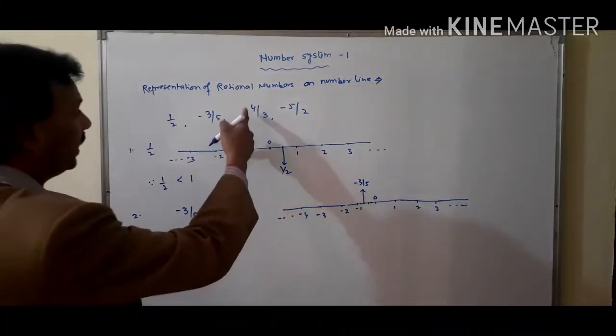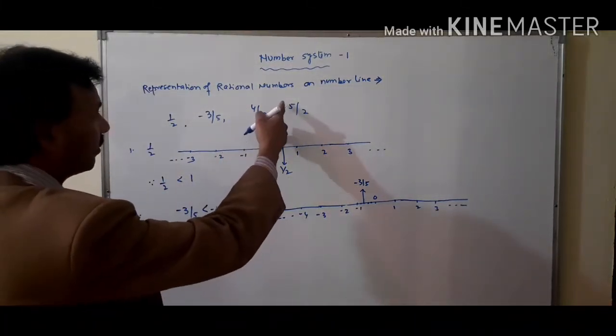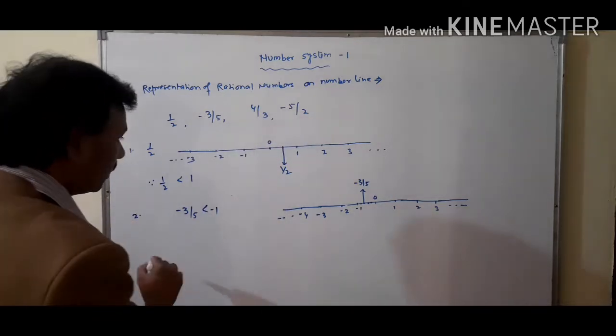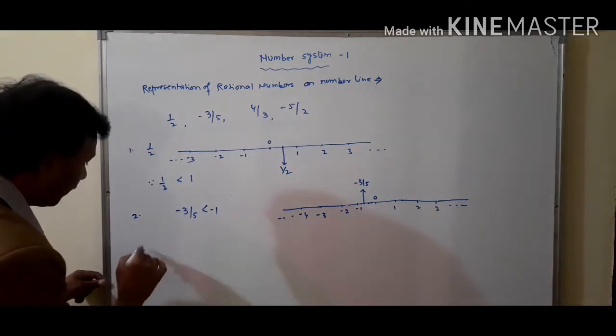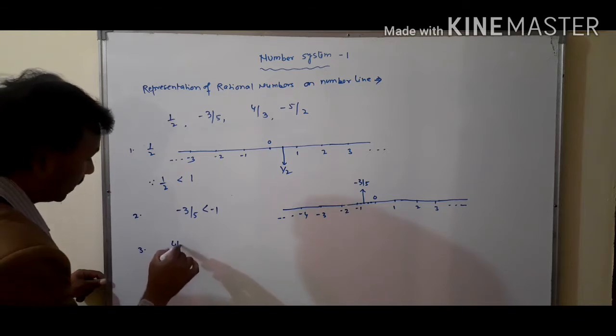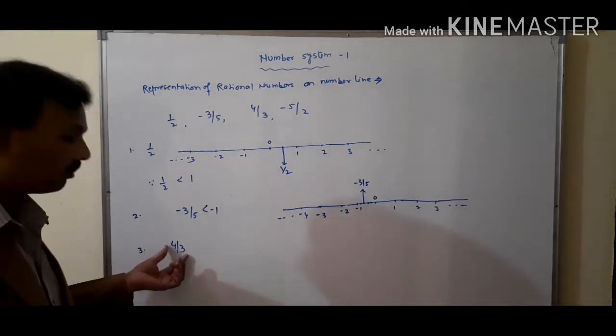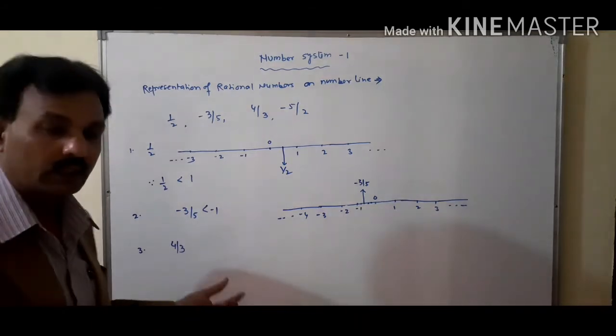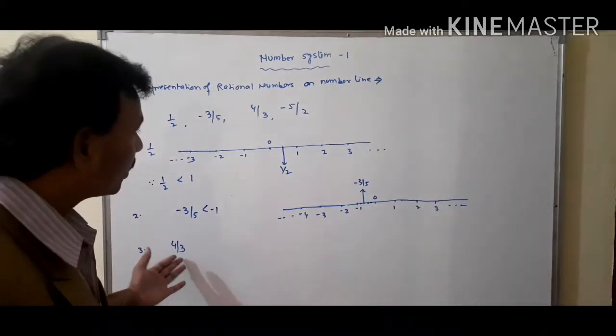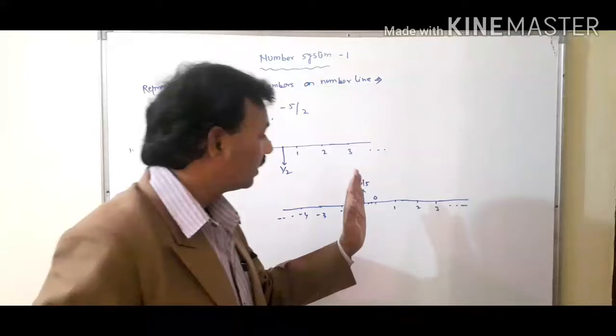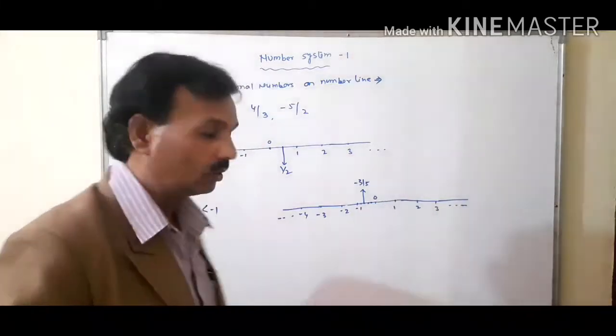Now we take 4 upon 3 or minus 5 by 2. We take first 4 upon 3. First thing, check whether this number is negative or positive. Since this number is positive, it will lie on the right side of 0.